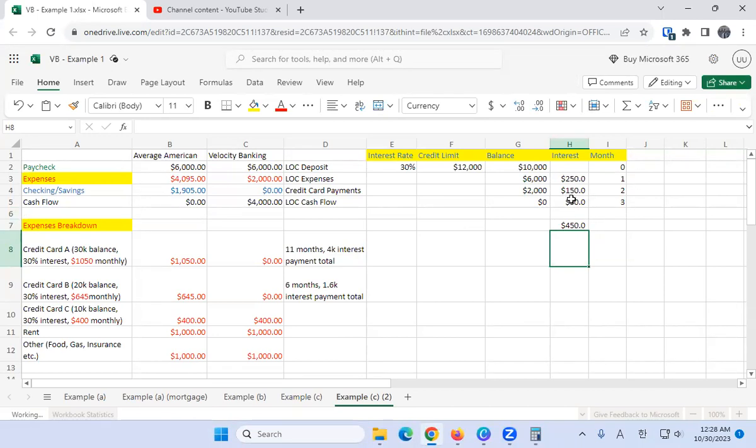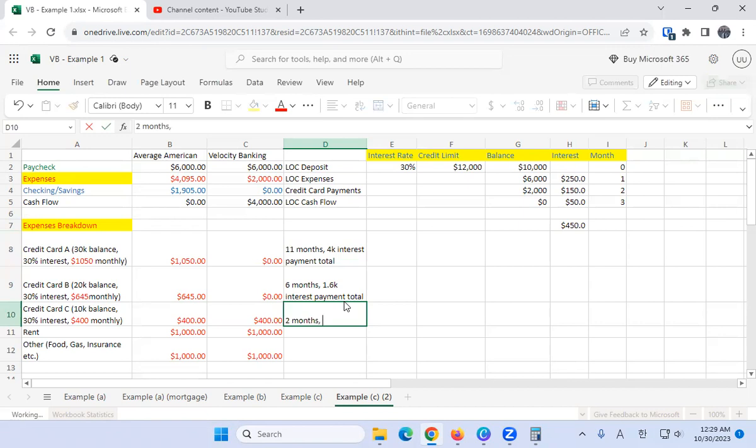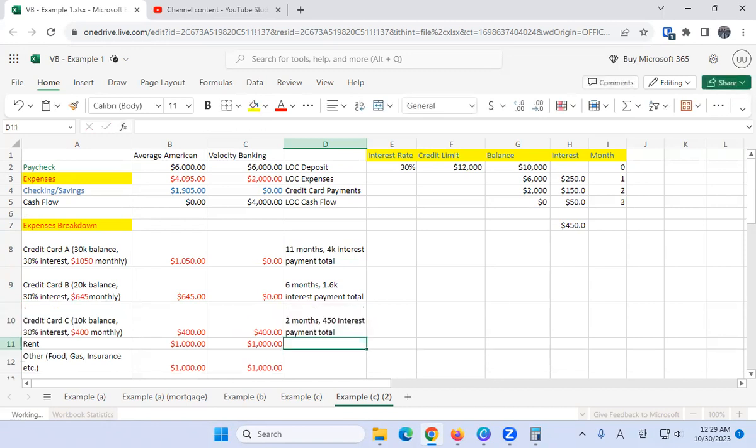Well, it actually technically probably should have taken you 2, because if the cash flow is 4,000 and you add this up here, and again, I know this is an estimate, that's really just 2 months. So let's just put 2 months here, and then 450 interest payment total. Okay, so now we paid these suckers off.